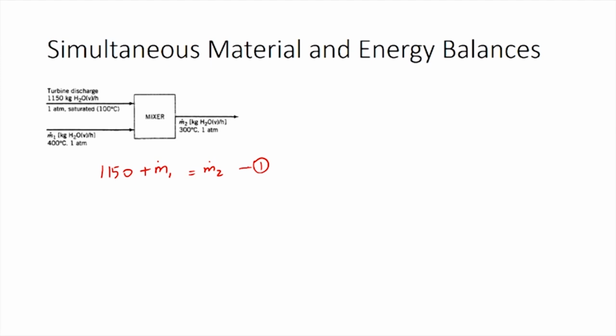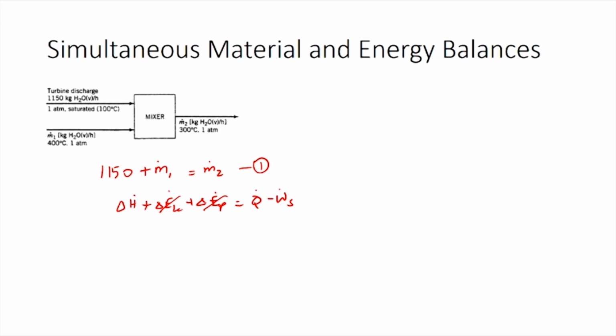Here we would use the energy balance to the rescue. The energy balance equation for this open system would be delta H dot plus delta Ek dot plus delta Ep dot equals Q dot minus Ws dot. Considering that this system does not have any acceleration or change in position, we can ignore the kinetic and potential energy changes, so these two terms go to 0.